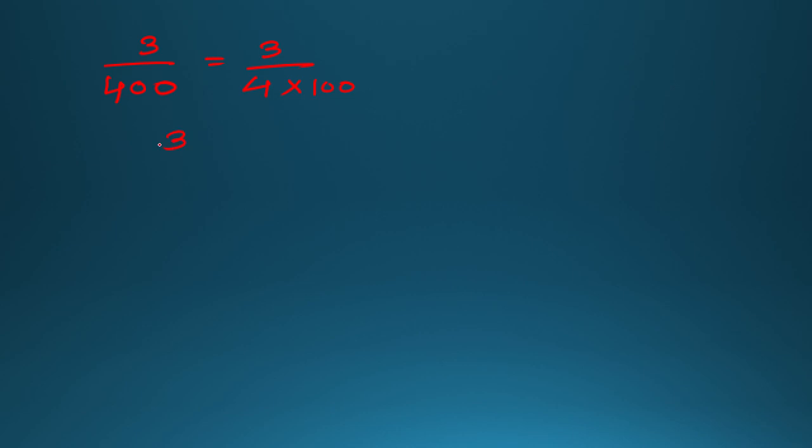So 3 divided by 4, it is not possible because 3 is smaller than 4, so 0 here, decimal here, and 10 here. 4 times 7 is 28, then minus, here comes 2, then 0, 4 times 5 is 20. This is finished, so this is the example of a terminating decimal.